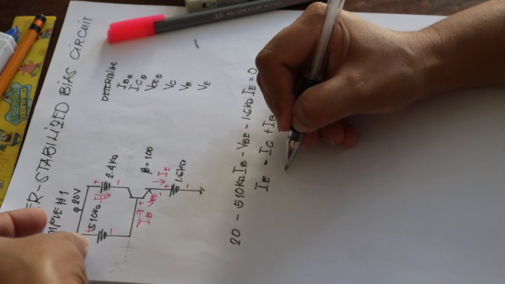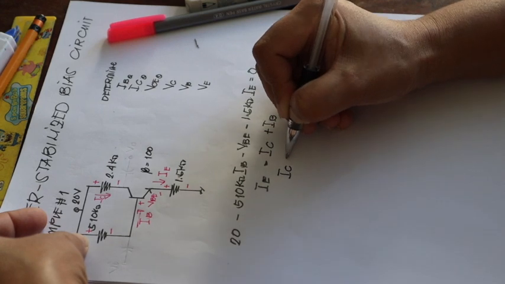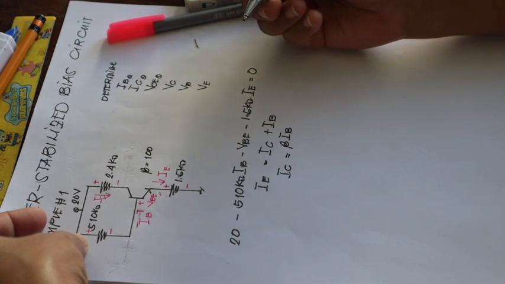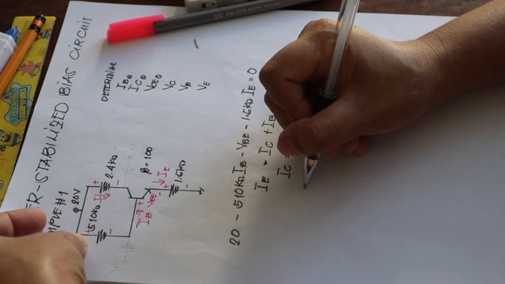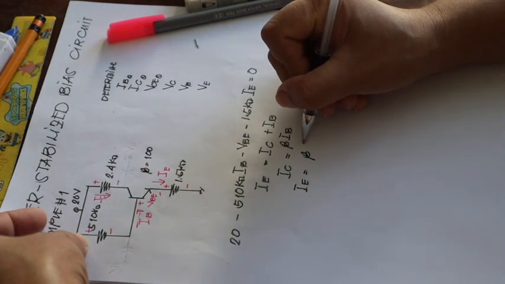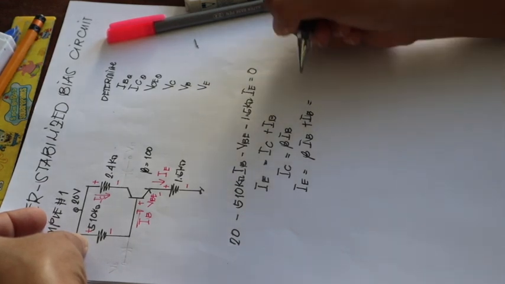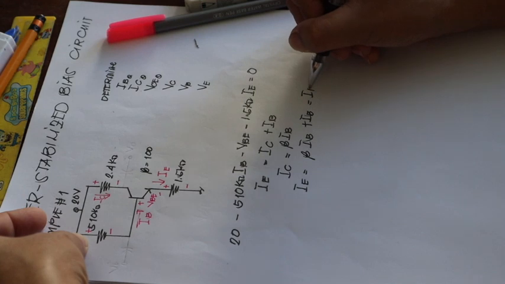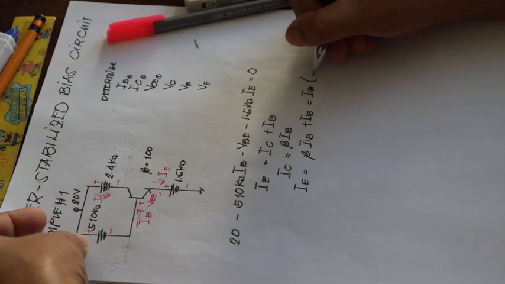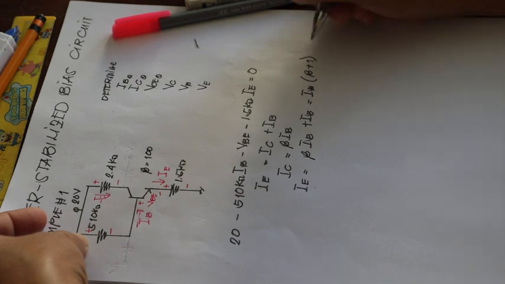And likewise, from the beta formula, IC is equal to beta multiplied by IB, then this will actually result in an IE equal to beta IB plus IB, and factoring out IB, we have the emitter current is equal to IB multiplied by the quantity beta plus 1.